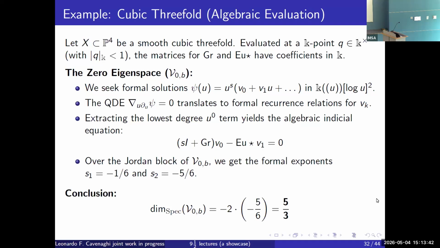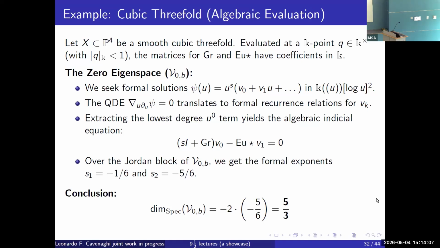If you compute the small quantum multiplication for the cubic threefold, you get 3 eigenvalues. One of them is 0. And then all that I'm saying is that here, in the corresponding eigenspace for the 0, we're going to get 2 exponents, because we're going to have 2 solutions. One with -1/6, and the other with -5/6.